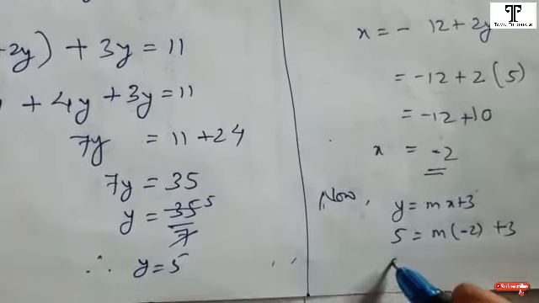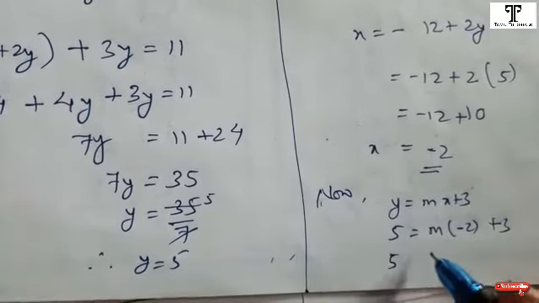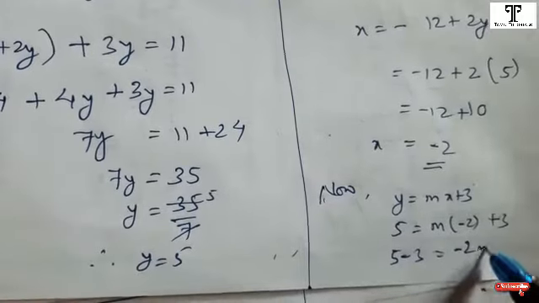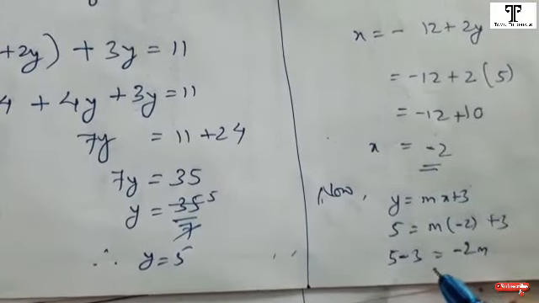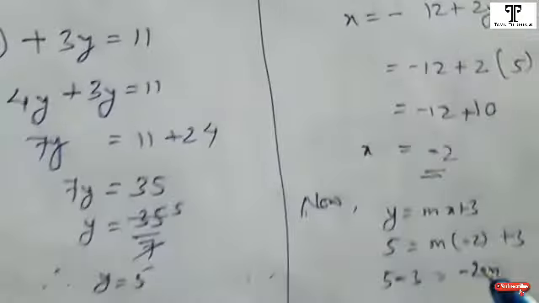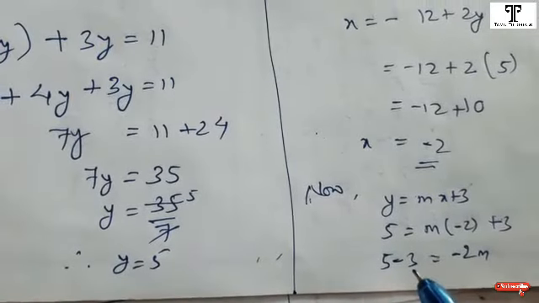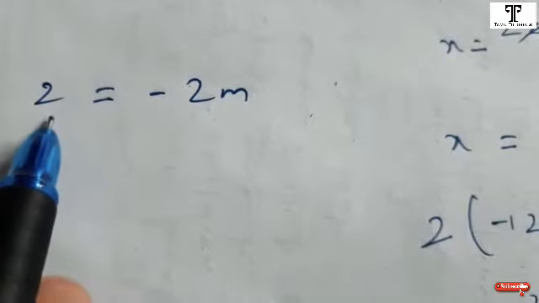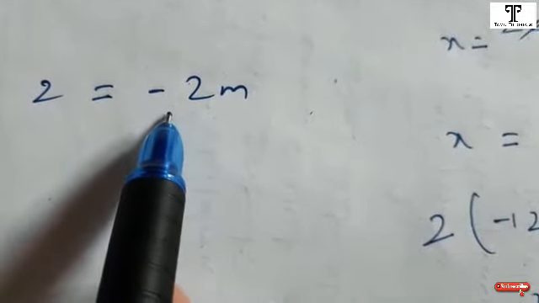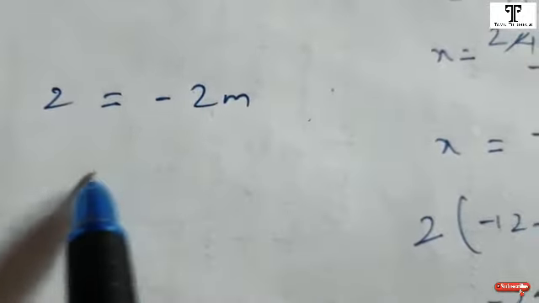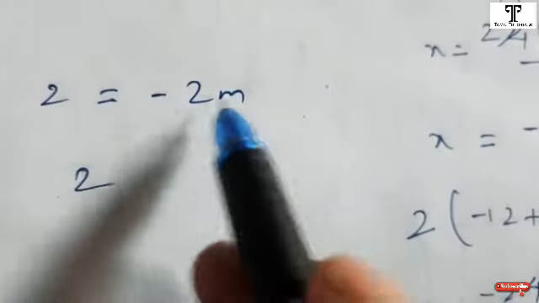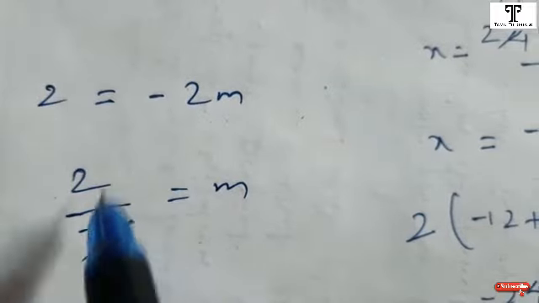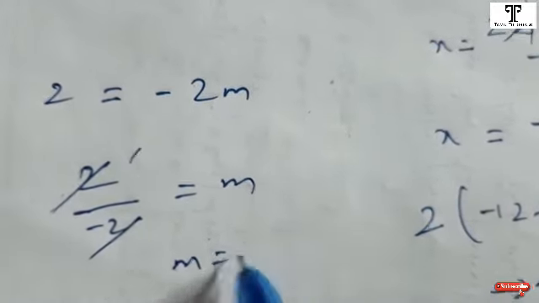Okay, so taking plus 3 this side, 5 minus 3 is 2, is equal to minus 2 into m, is minus 2m. So minus 2 taking this side, 2 by minus 2 is equal to m. So 2 1s are 2, so m is equal to minus 1.